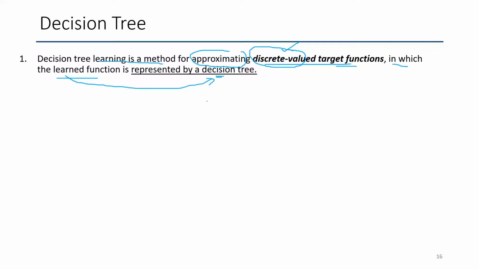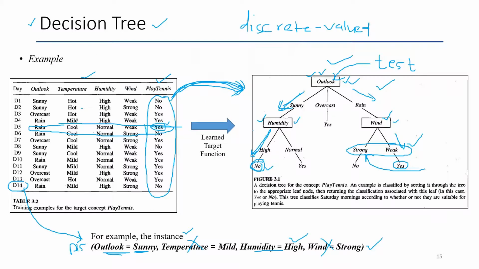Internally you can represent the same thing using multiple if else. So how can I encode this decision tree in the form of if else? I can write code like: if outlook equals the first value, that is sunny, then inside that I will write another if checking for the humidity.